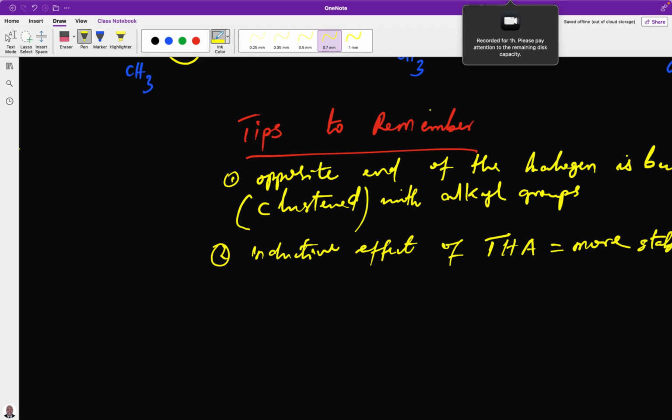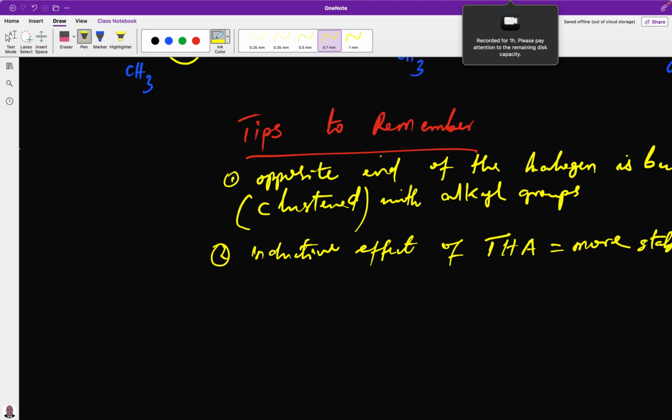The second reason is this. Secondary carbocations formed in a secondary halogenoalkane are more stable than the one formed in a primary carbocation.